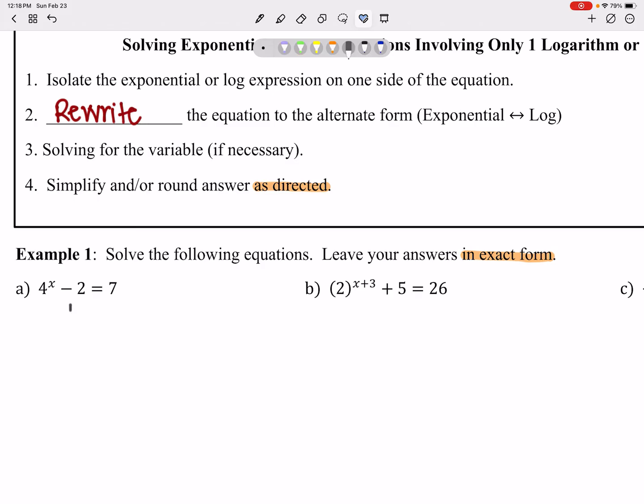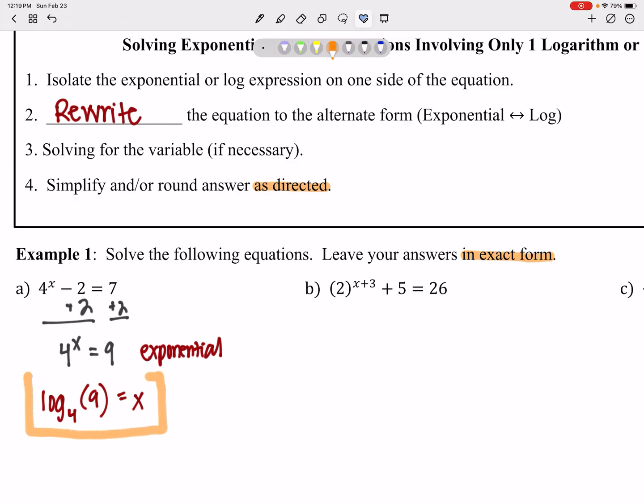So I'm going to add 2 to both sides, and I get 4 to the x equals 9. Now step 2 says rewrite the equation to the alternate form. This is exponential form. We're going to write this in log form. So log base 4 of 9 equals x. And that is an exact answer. So that's my answer.